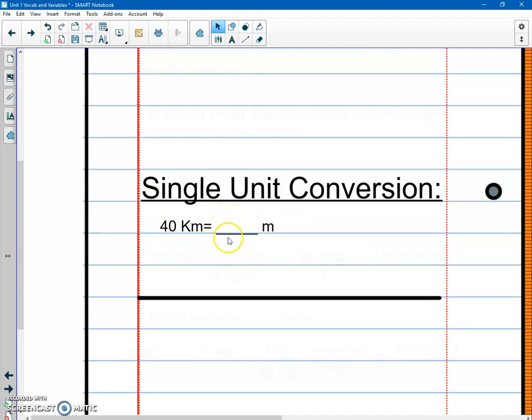If we know that there is 1,000 meters in 1 kilometer here, then essentially, if we have 1,000 meters divided by 1 kilometer, that's the same thing as taking 1,000 meters divided by 1,000 meters, or 1 kilometer divided by 1 kilometer. So anything divided by itself is always just 1.